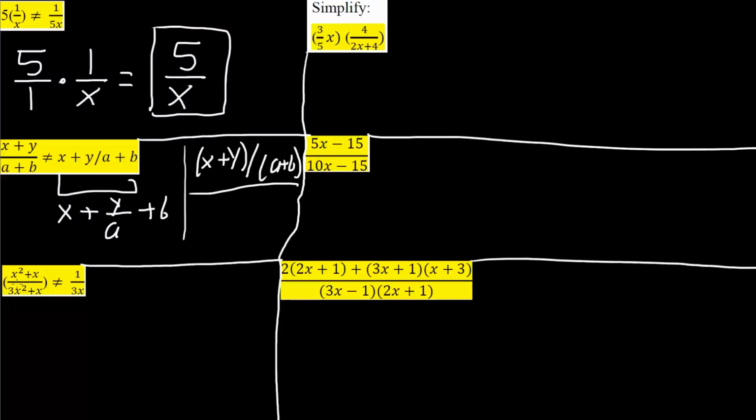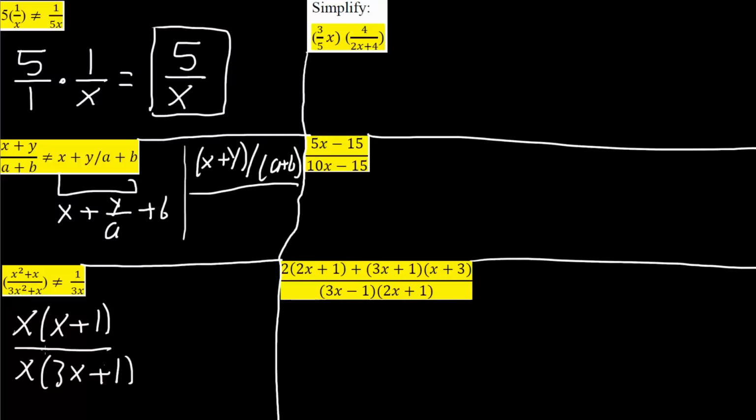And the next one is x squared plus x divided by 3x squared plus x does not equal 1 divided by 3x. We can't simply cancel out the plus x with plus x. But what we do here is we first factor out an x for the numerator and the denominator. So we would get x parentheses x plus 1 divided by x, we have 3x plus 1.